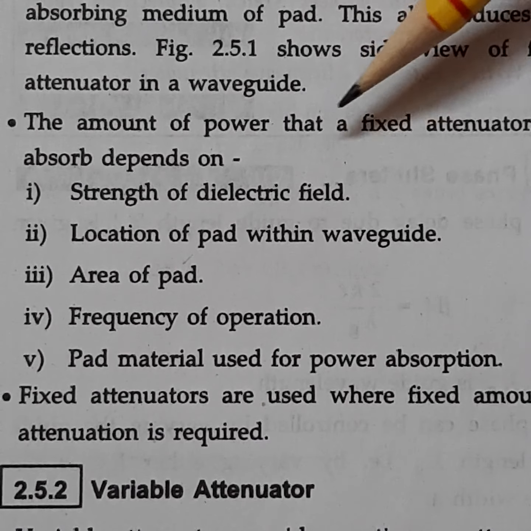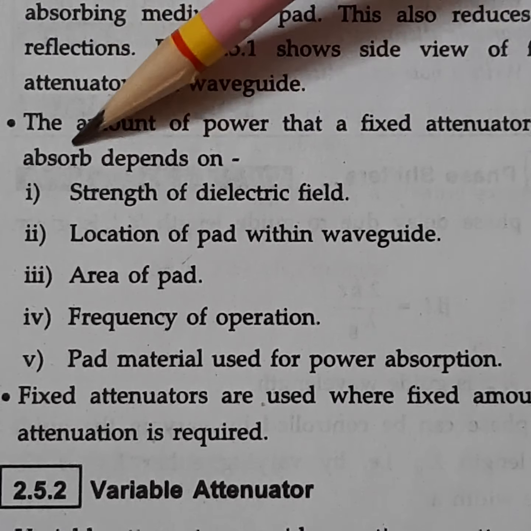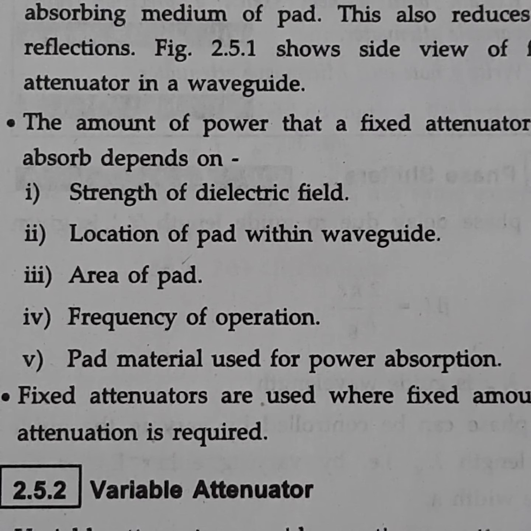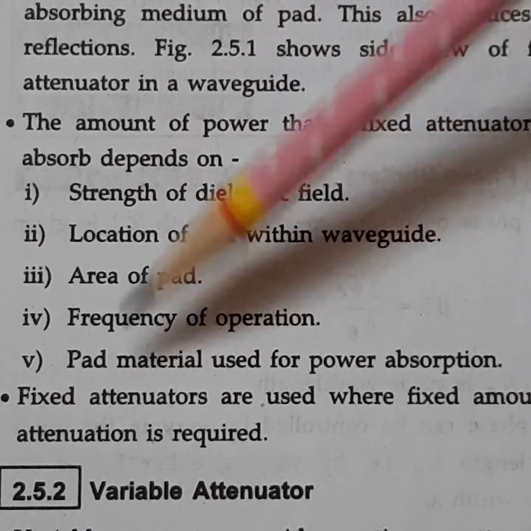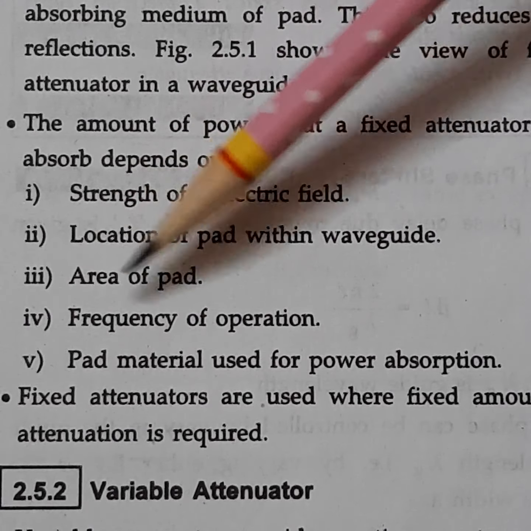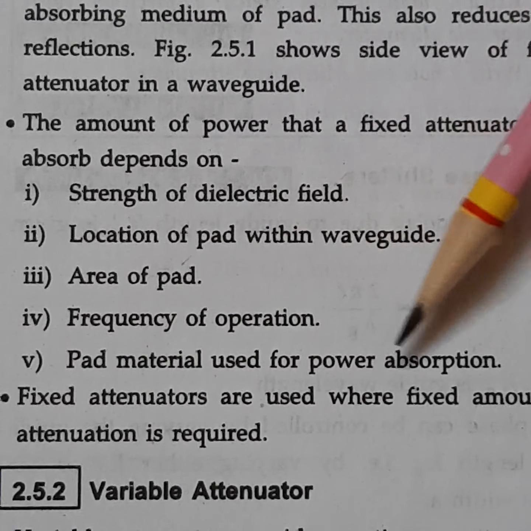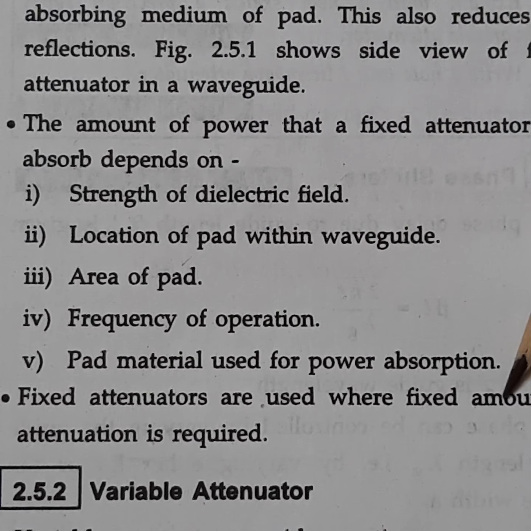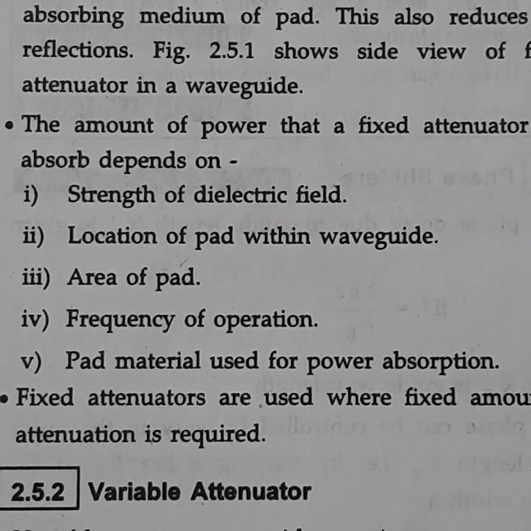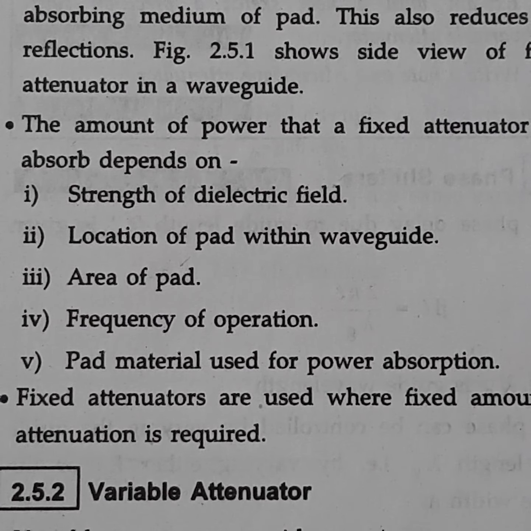So the amount of power that a fixed attenuator can absorb depends on these parameters: strength of the dielectric field, location of the pad within the waveguide, area of the pad, frequency of operation, and the pad material used for power absorption. Okay, so fixed attenuators are used where a fixed amount of attenuation is required.